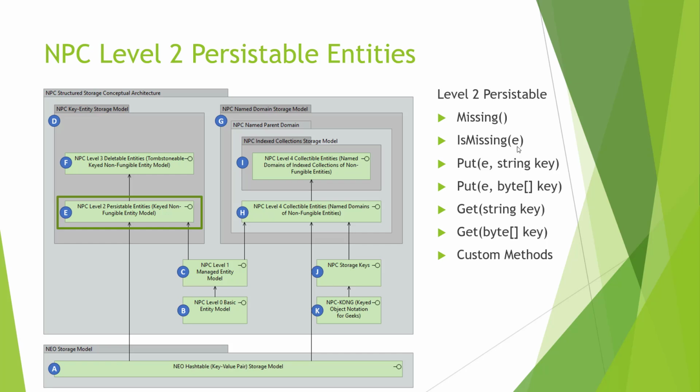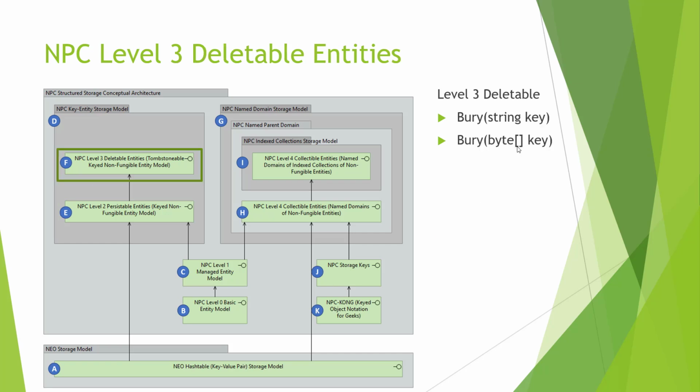One level up from level 2 is level 3, which is deletable. And this is the ability to bury or tombstone an entity that's in smart contract storage. This is separate from Neo's native support for the delete method. So that's the left-hand side here.